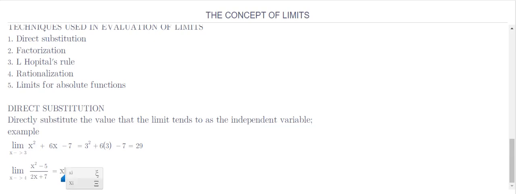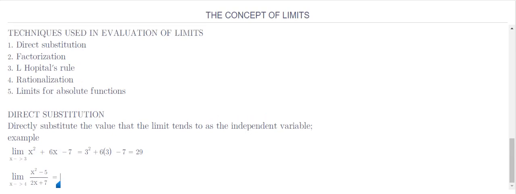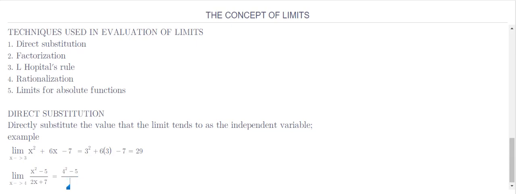Our x is tending to 4. So substitute x with 4, so we'll be having 4 raised to power 2, 4 squared, and then minus 5, divide by 2 into 4 plus 7.